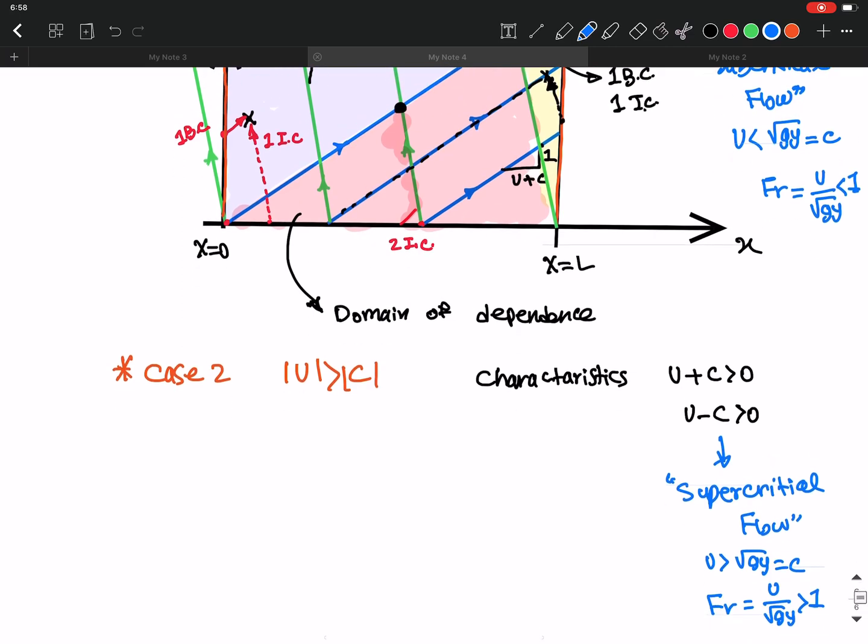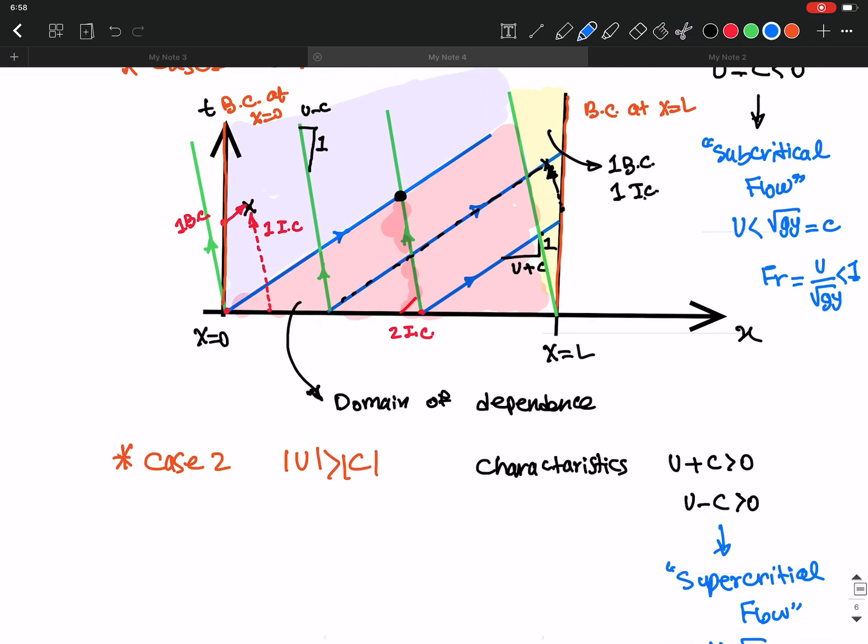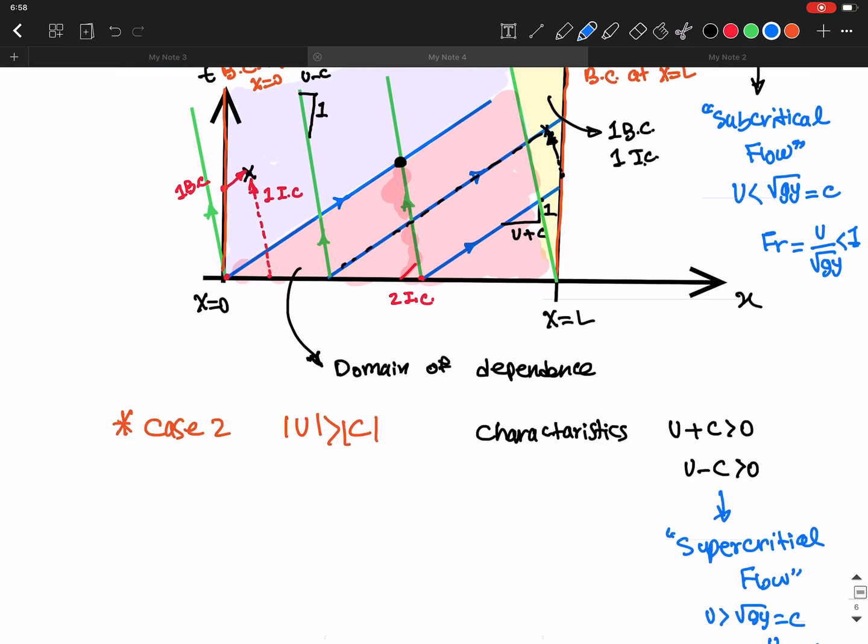This is an important fluid mechanics concept: when you have a supercritical flow, you can have a hydraulic jump and then go to a subcritical flow. For those who have taken a hydraulics engineering course in their undergraduate, a supercritical flow is usually a very fast fluid, and then through some instabilities it can turn into a subcritical flow.